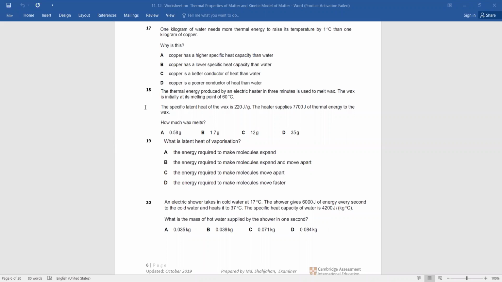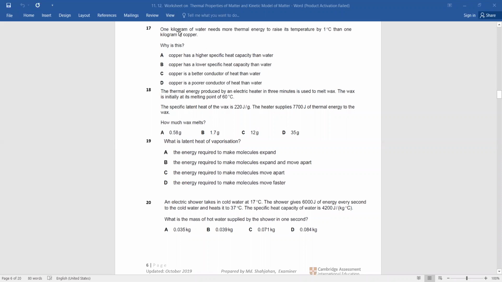They are not only playing with you, they are also playing with the candidates, by making the question tricky. They did not give the answer directly, they gave it indirectly. They could have written that water has a higher specific heat capacity than copper, or that water has a lower specific heat capacity than copper.